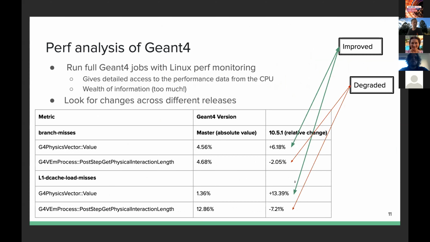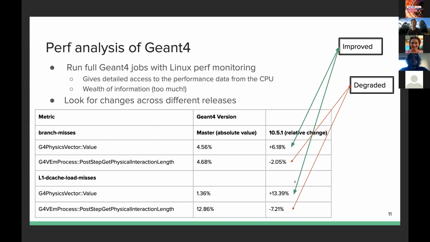There's also one of the improvements in monitoring the performance of the current code, which is to dig into a little bit what the CPU performance registers can tell you using perf. And here there's very nice infrastructure which is being developed, which will actually tell you what the performance changes were in each of the Geant4 function calls.